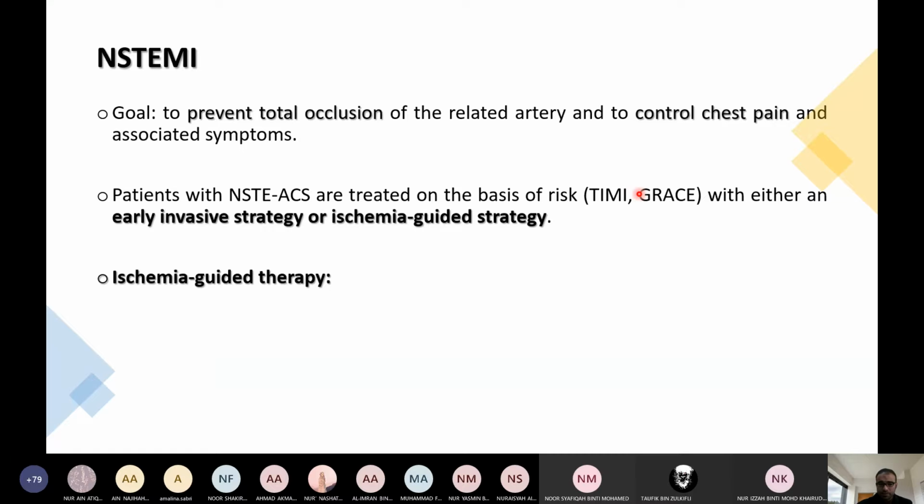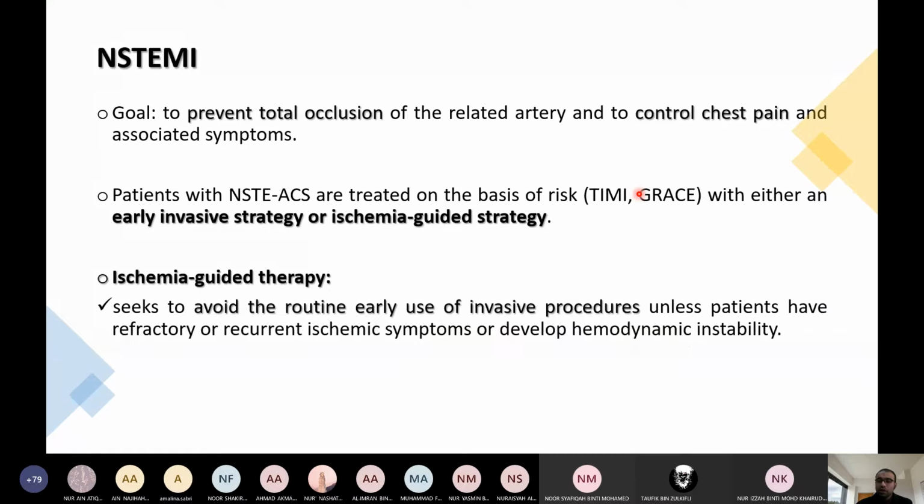Ischemic guided therapy is the approach in which we focus on optimizing the medication that can help prevent total occlusion of the artery, and we want to avoid the routine early use of the invasive procedure. So we focus on medication and no invasive procedure to be done at the moment.